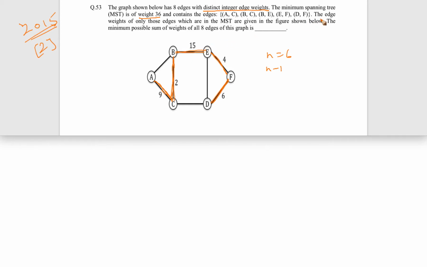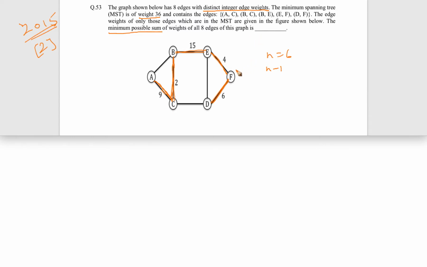Okay, let's go forward. The edge weights of only those edges which are in MST, only they are given. See, 9, 2, 15, 4, 6. Okay. The minimum possible sum of weights, this is important, the minimum possible sum of weights of all 8 edges of this graph is what?